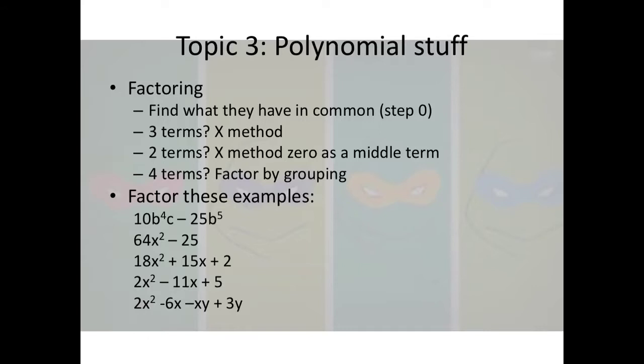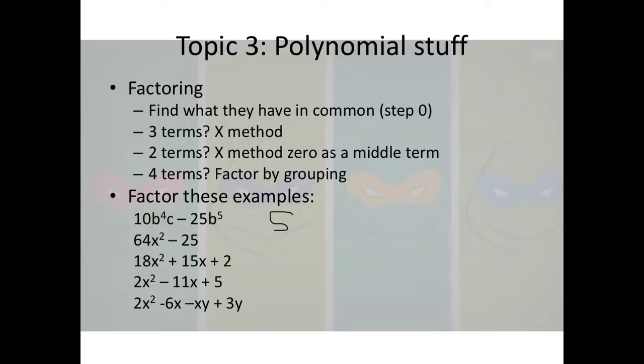So, what'd you think? Did you get them all right? We will see. All right, so I'm looking at this example here, and I see there are 2 terms. Before we do anything, I have to find what they have in common. Do a step 0. So between 10 and 25, the greatest common factor there is 5. So I'm going to factor that out.